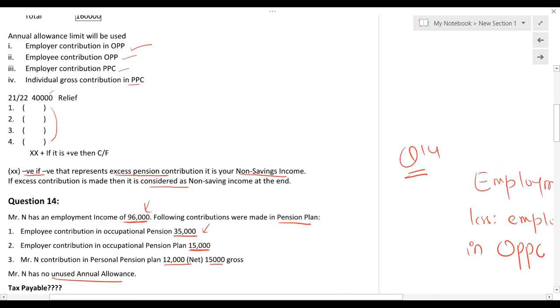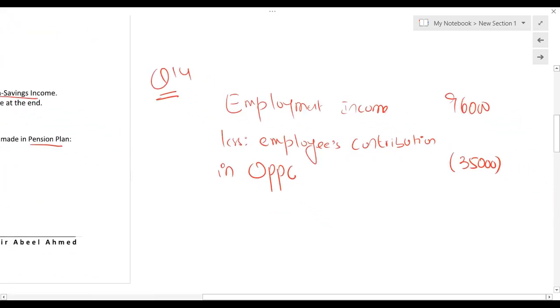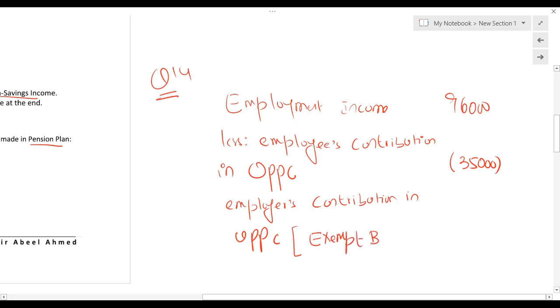When an employee contributes in an occupational pension plan, this contribution is an expense for the employee. When the employer contributes for the employee, it is an exempt benefit. Employer's contribution is an exempt benefit, so I am not supposed to do anything.